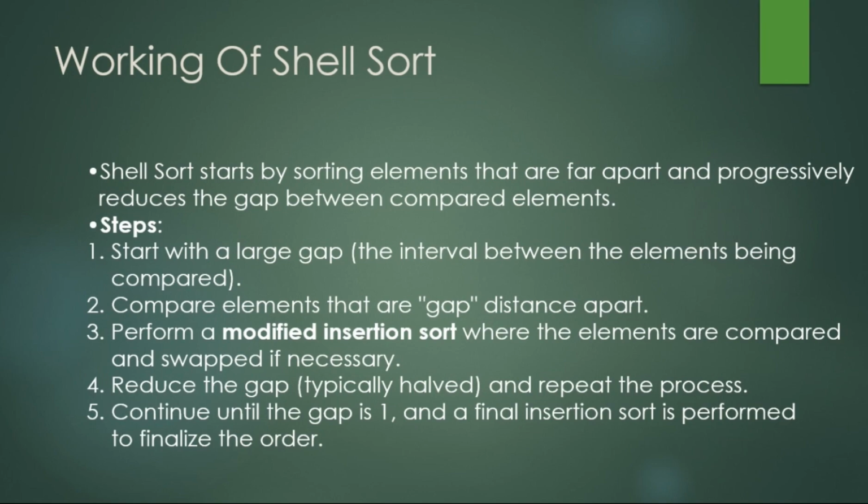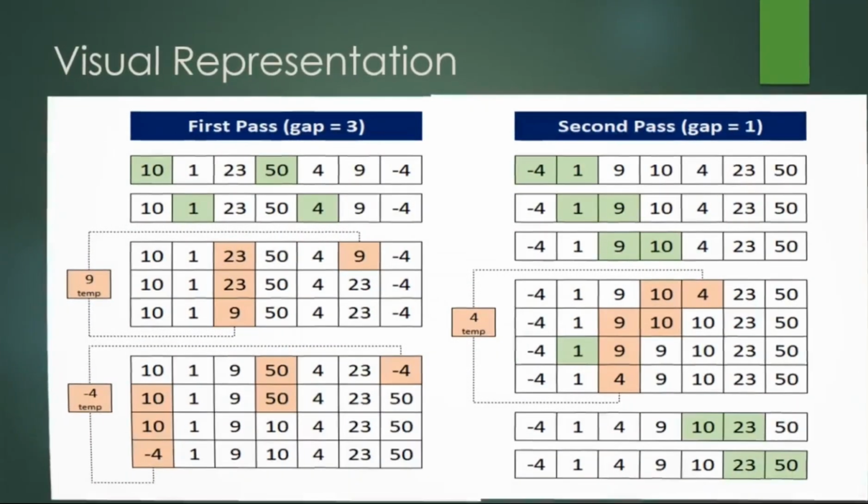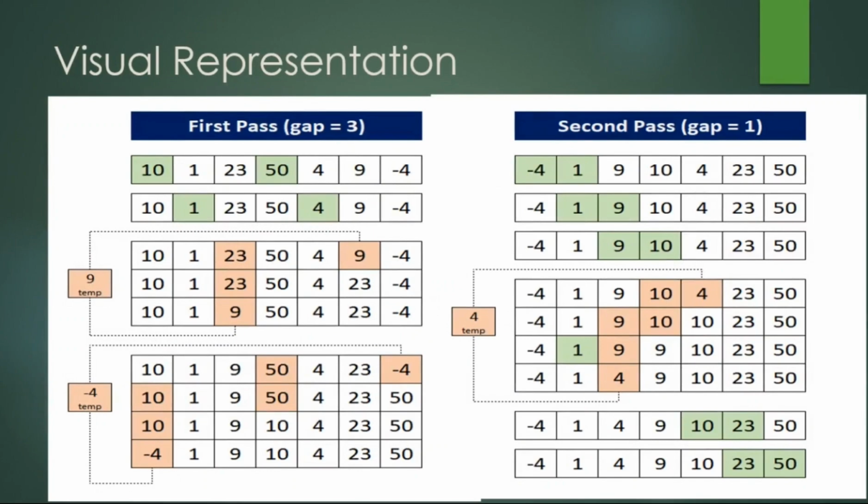Now let's look at the visual representation of the shell sort algorithm. As we can see, we have been given an unsorted array of size 7 having index 0 to 6.